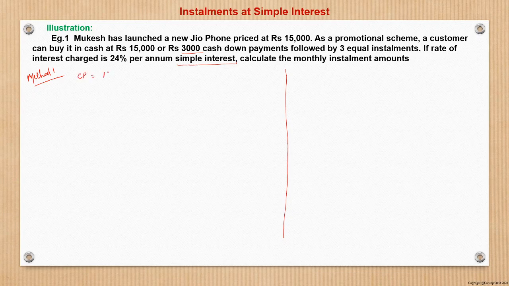Cost price of the phone is 15,000 and the down payment is 3,000, right? So what is the loan amount?